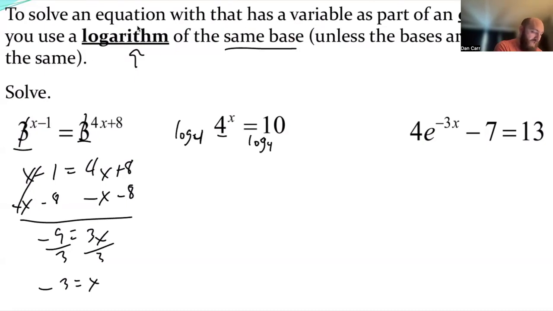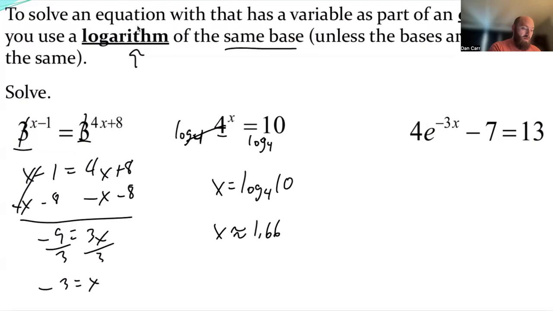So this is going to cancel out, so x is going to equal log base 4 of 10. However you want to evaluate that, you can use the change of base formula, or if you have the buttons in your calculator, you can just hit log base 4. Either way, x should come out to about 1.66.